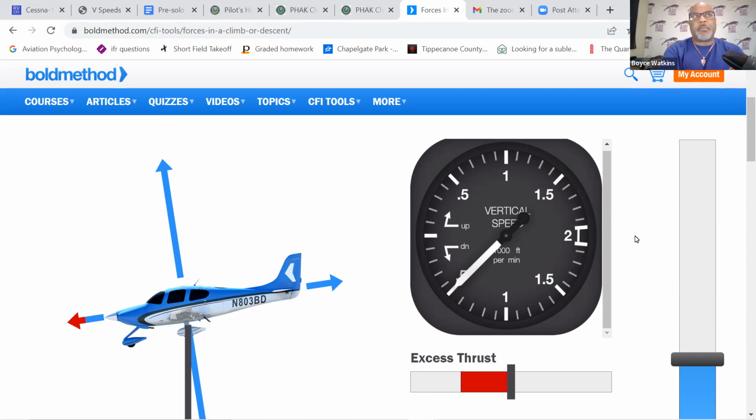So it almost seems like when you're descending, the nose wants to go down, so you have to pull that yoke back to get straight and level, so you reduce your vertical speed that you're declining. So I guess 500 feet per second, or is it 500 feet per minute? Per minute, sorry.